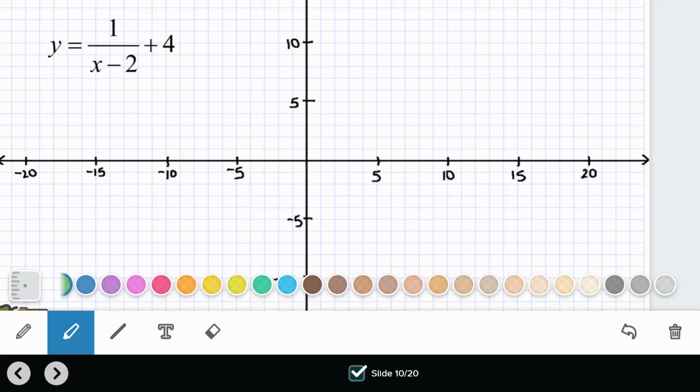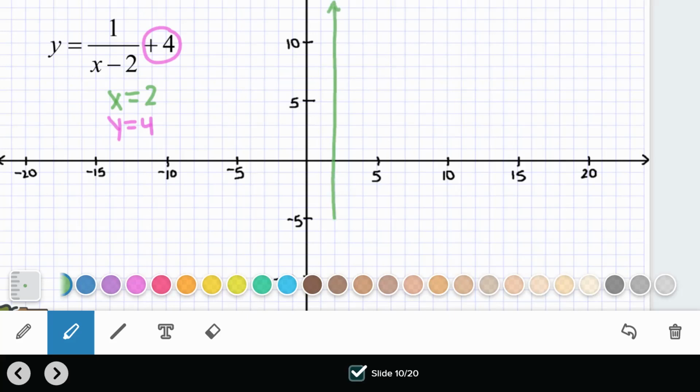So let me start over on this problem. This problem has a vertical asymptote at x equal 2 because that would make our denominator 0. It has a horizontal asymptote at y equal 4 because of that plus 4. So my x equal 2, let me draw that in.